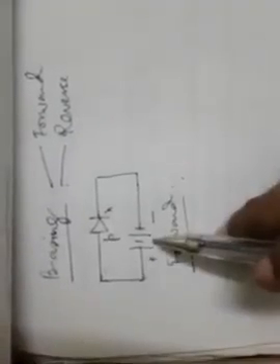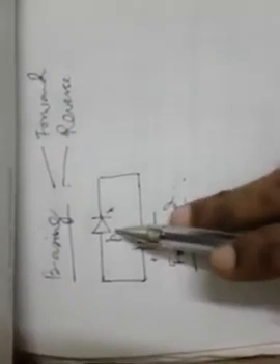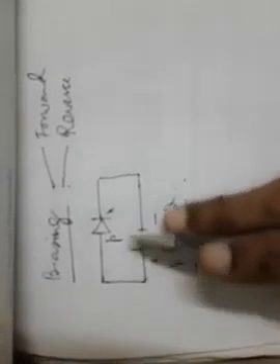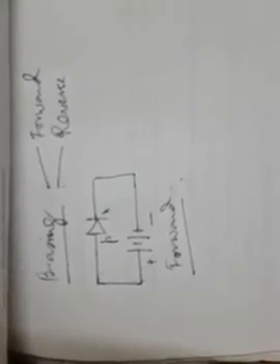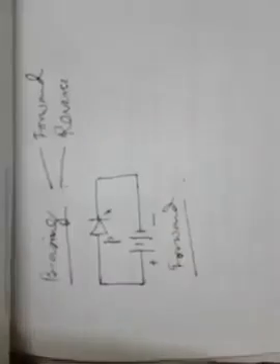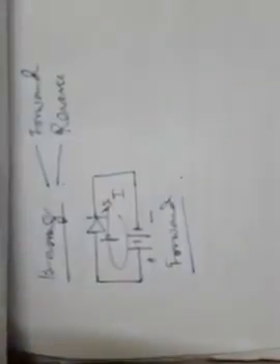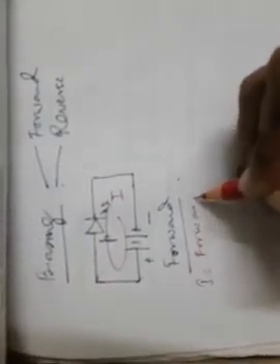That means application of external electrical signal to the diode. So this is called forward biasing. The current that is flowing because of this through this circuit, denoted by I, is called forward current. So I is forward current.